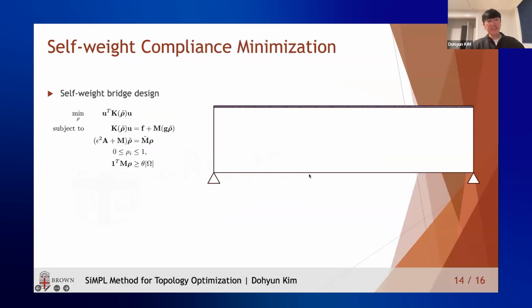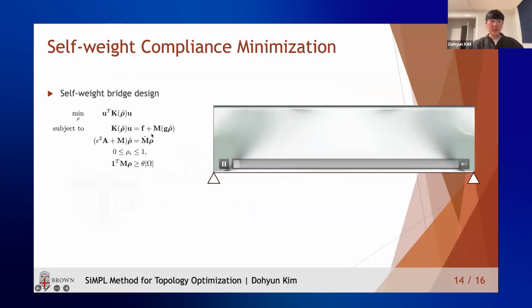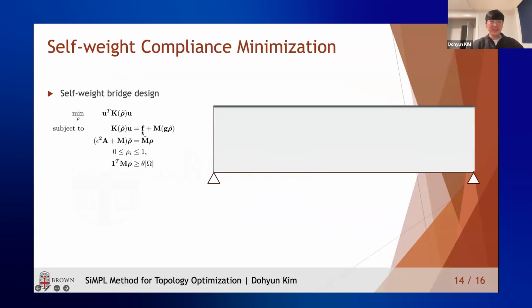And we also consider the self-weight compliance minimization. So in the previous examples, we only had external force, but in addition to external force, we also have gravity, so it has to support its own weight.